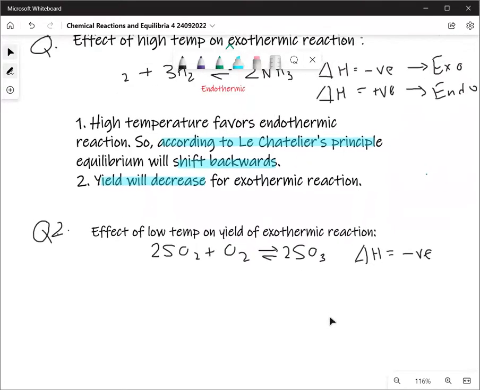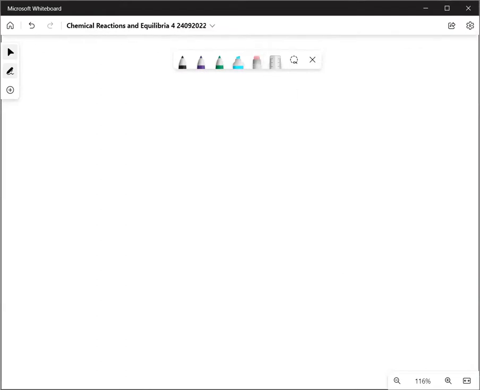Yes. Then the equilibrium will shift forwards. Then yield will increase. Is that clear? Is that correct? That's correct. Good job. Now the next question.